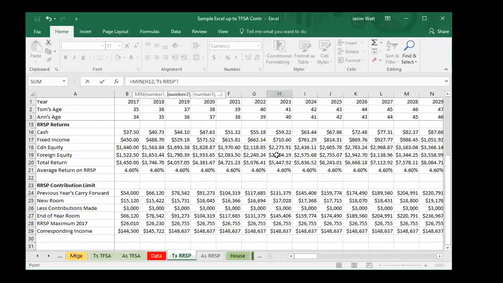In year H, Tom's RRSP room that's available is going to be $131,379 plus the new room that's available, less the contributions made. I could actually use that amount instead, and that prevents me from going over now.